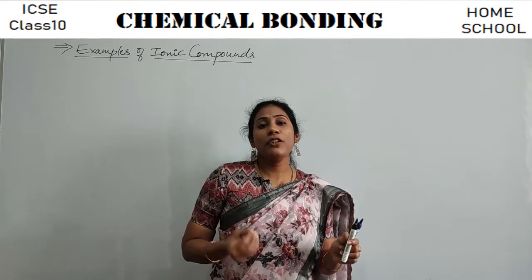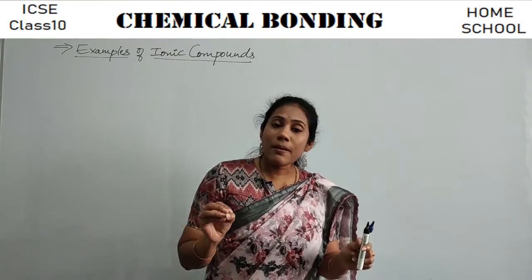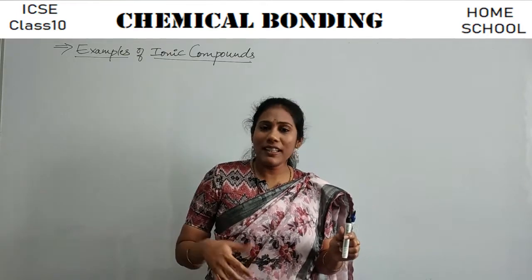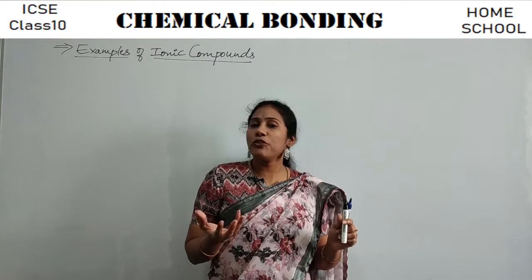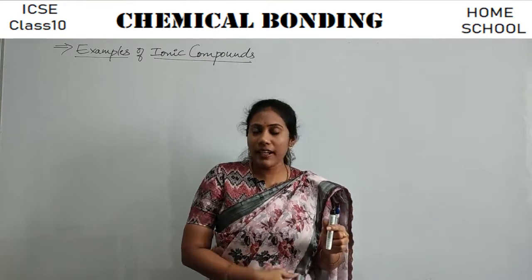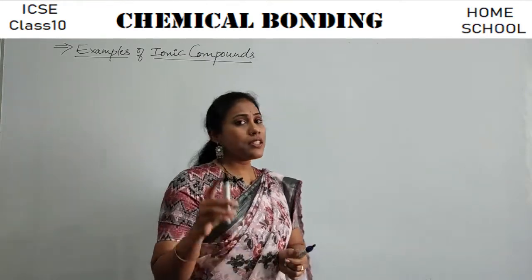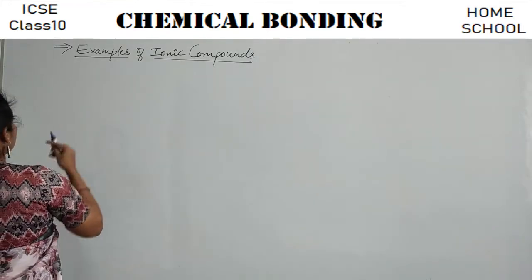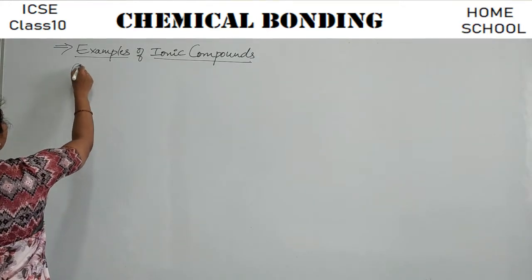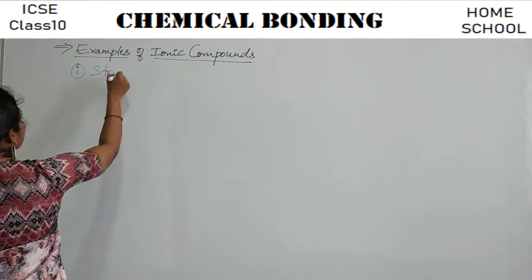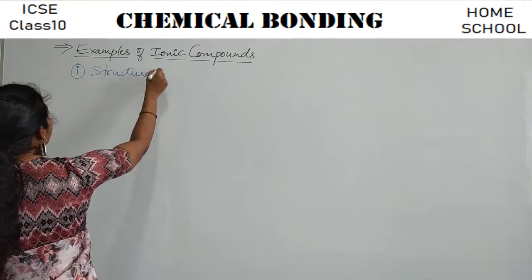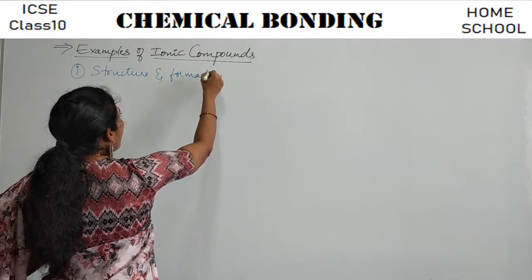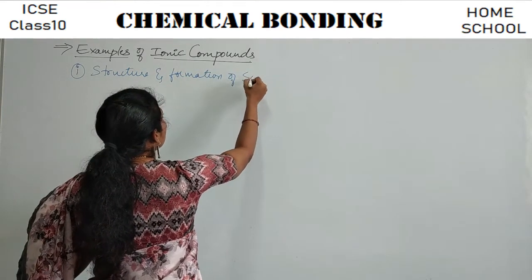And in today's video, let us try to discuss some examples of ionic compounds, like the formation of those ionic compounds. So first and foremost, let us talk about the structure and formation of sodium chloride.